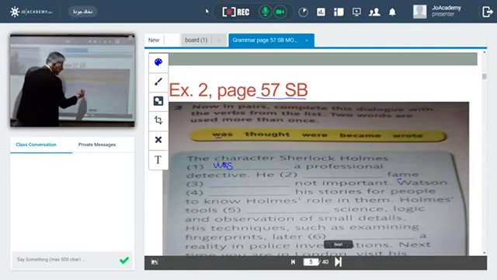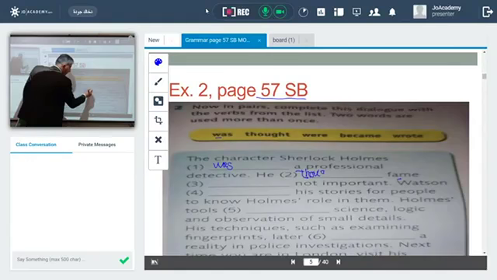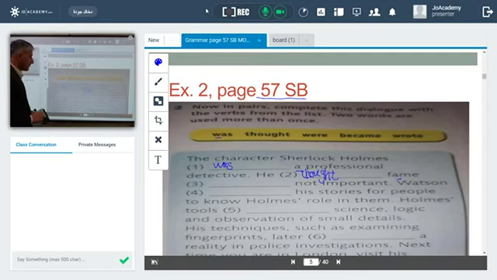He thought, we will listen to it after we finish. He thought fame, blank, not important. So he thought that fame, shuhra, is not important.